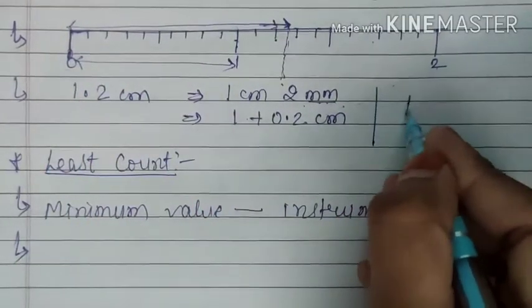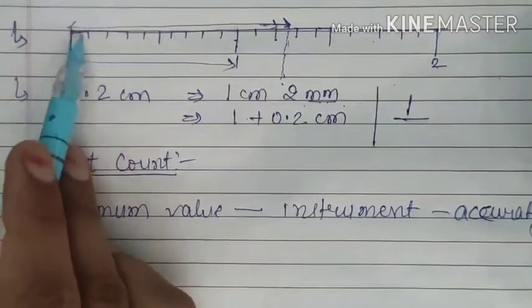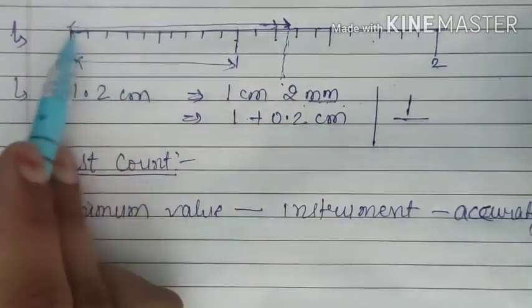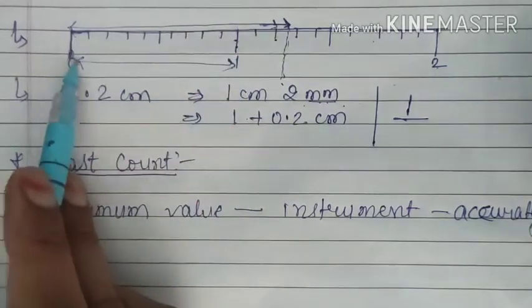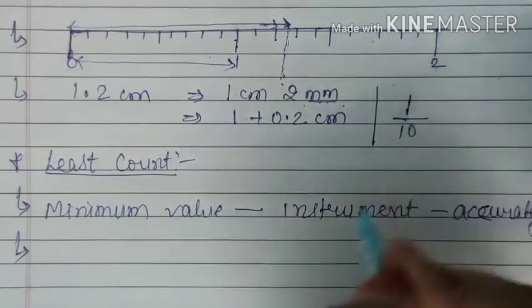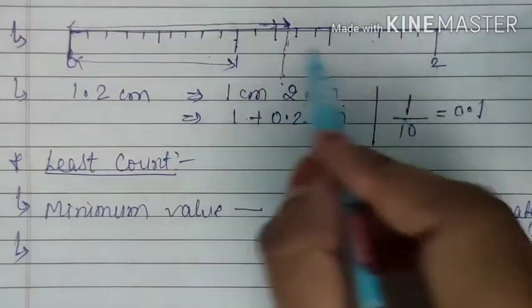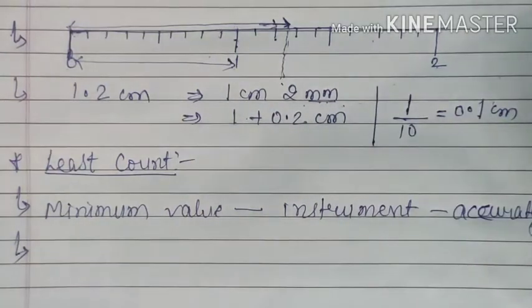So we are writing 1 in the numerator divided by the total number of smaller divisions between them. And we know that between 0 and 1, we will have a total of 10 divisions. So we will divide it by 10, that is equal to 0.1. And since this 1 was in centimeter, you will say centimeter.